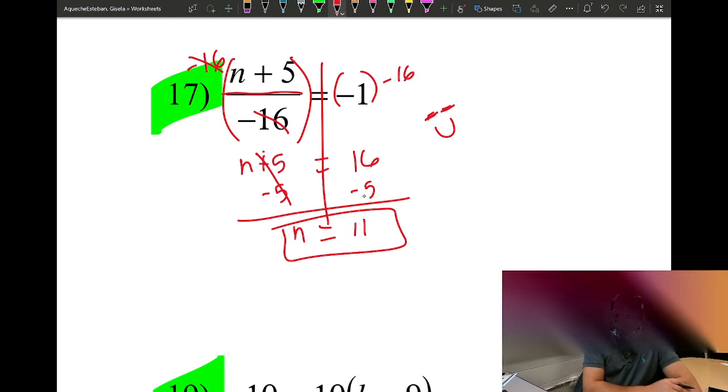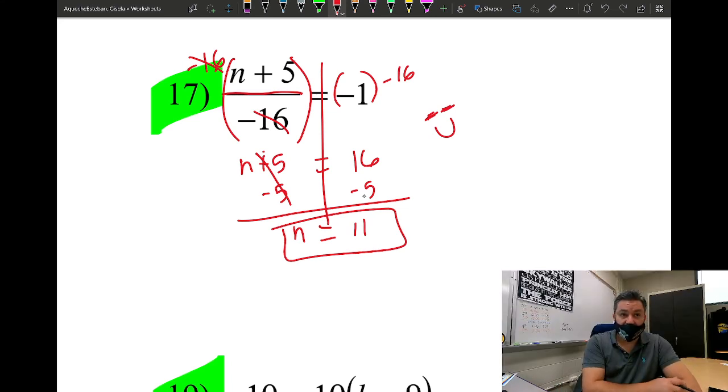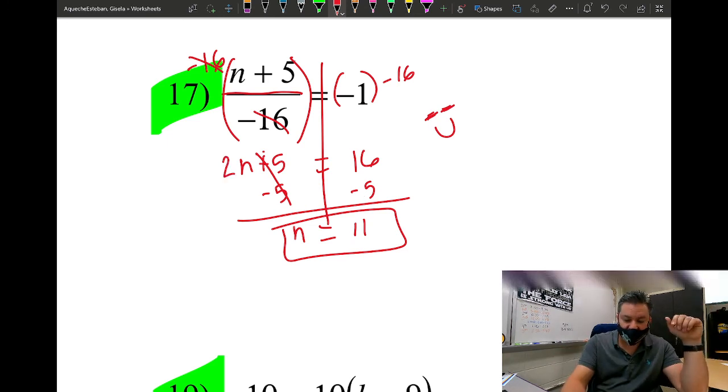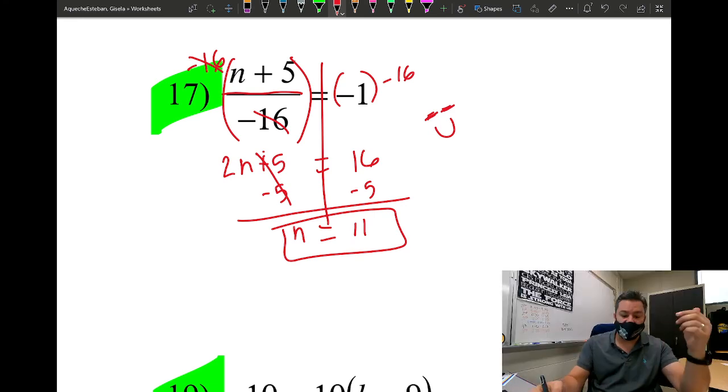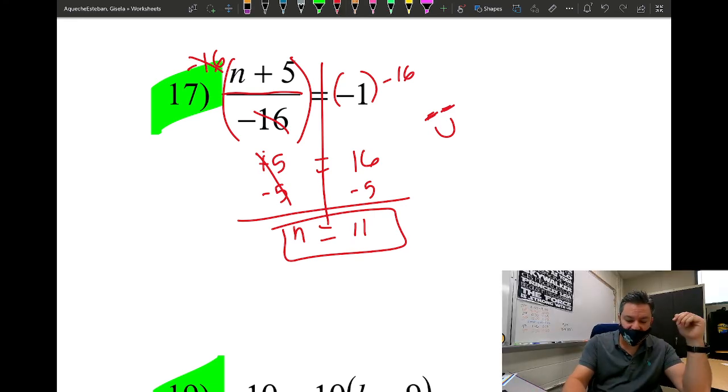That's it. Positive, because we're subtracting, right? 16 minus 5. Now, if you had, for example, a constant right here, then you would have another step, and that would be to divide by 2. We do not have that in this case, so we don't need to worry about that.